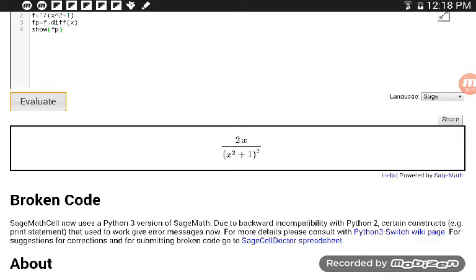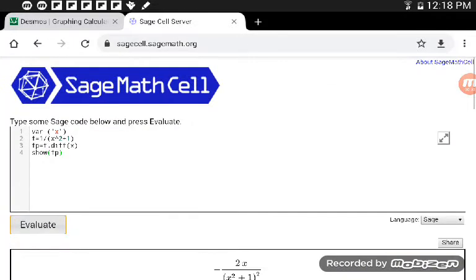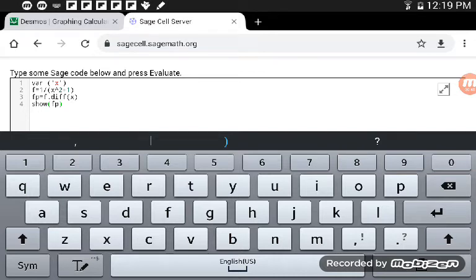minus 2x over x squared plus 1 quantity squared. And now I could do the same thing again and try to find the second derivative and then the third derivative. And so if I go in here and we'll just get each of the derivatives, I'll hit enter.